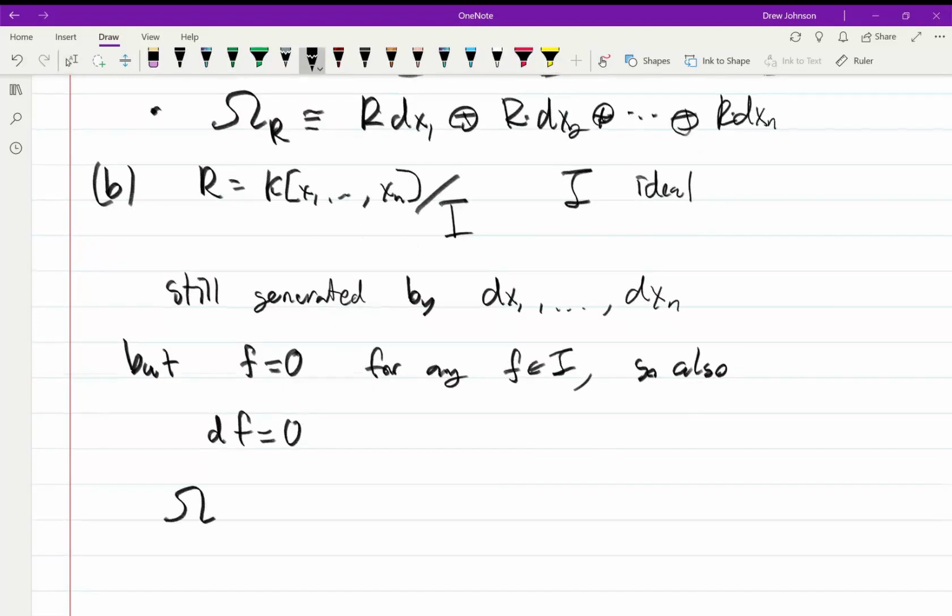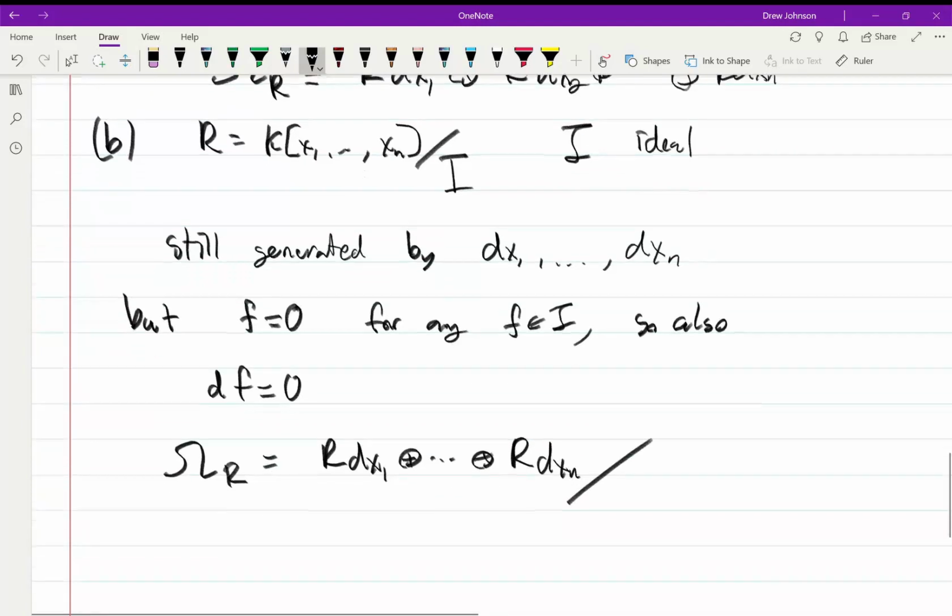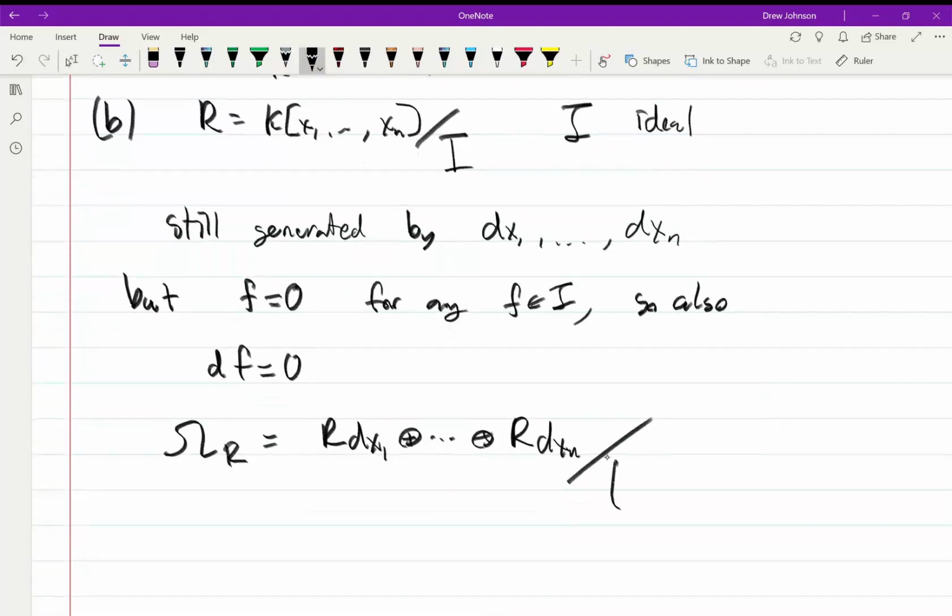So we get that, and it turns out that's basically all the relations you need. You only need to put in df equals 0 for any f in I, and so you get R dx1 plus ... plus R dxn, and then you have to quotient out by things that look like this: the sum of (df_i/dxj) times dxj, for i equals 1 up to n.